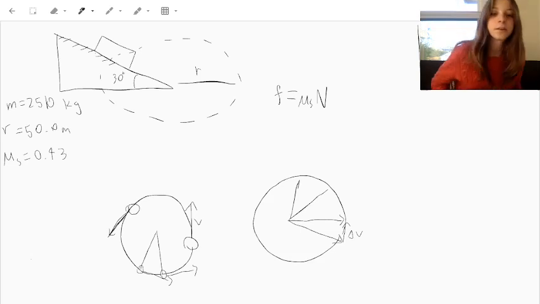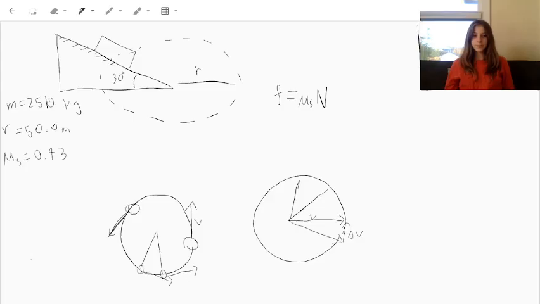So your delta v's would be the circumference of the circle, which has a radius of v, so that's going to be 2 pi v. But also, we have our delta v divided by delta t.